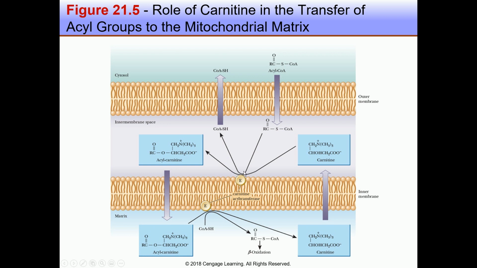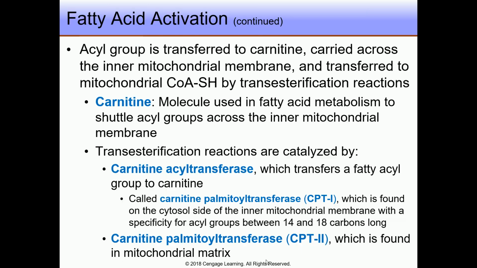Oh, I'm sorry. Coenzyme A is actually added because coenzyme A was released here. It's liberated here, and then this was getting attached to the carnitine. So there is no coenzyme A here. So it goes from intermembrane space to the mitochondrial matrix, and then carnitine is separated. You can see here, and then this fatty acid part is combined with coenzyme A again, and then this part enters into the beta oxidation process.